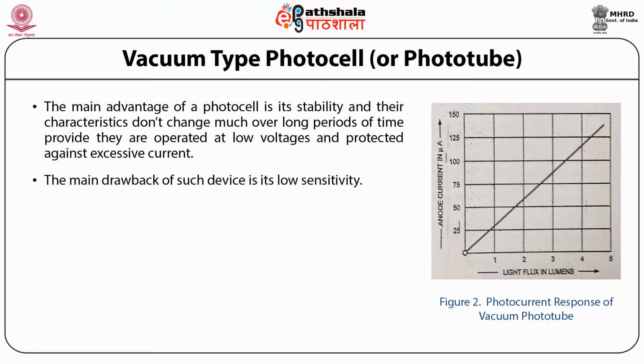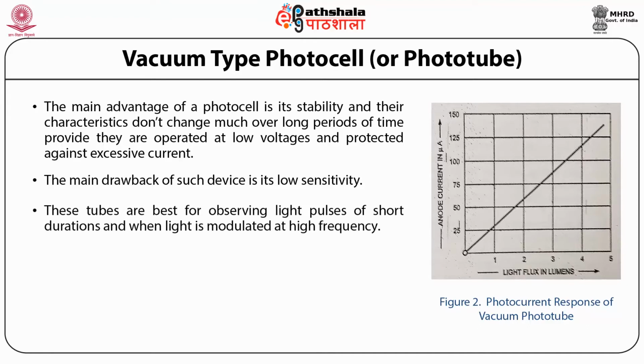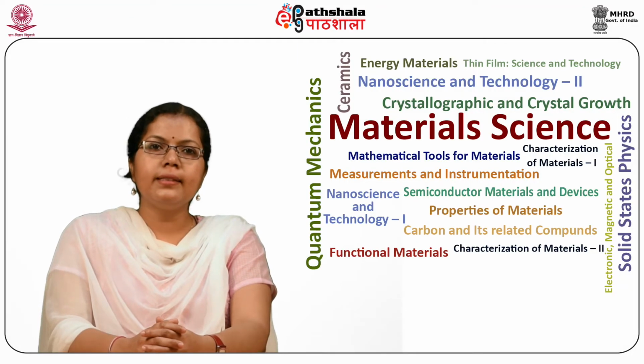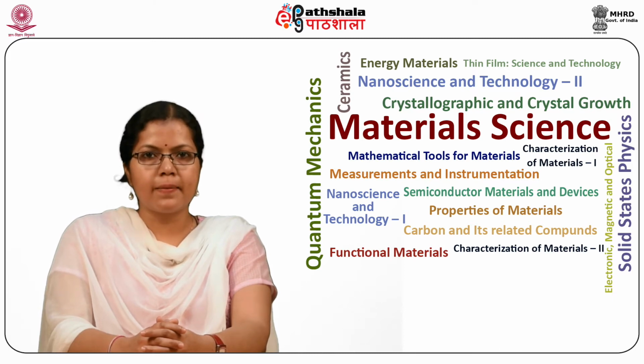The main drawback of such a device is its low sensitivity. These tubes are best for observing light pulses of short durations and when light is modulated at high frequency. Now, let us consider the gas-filled photocells.